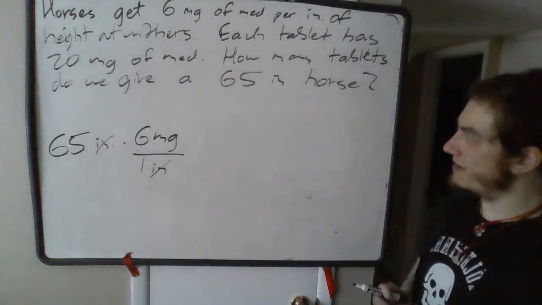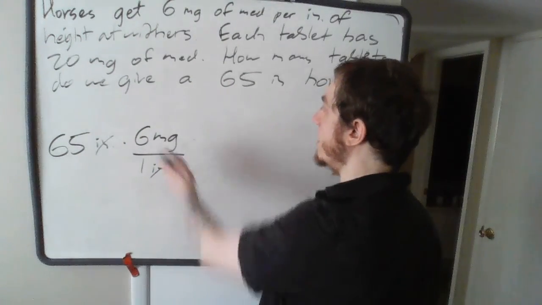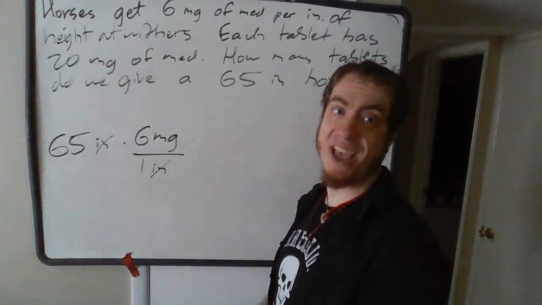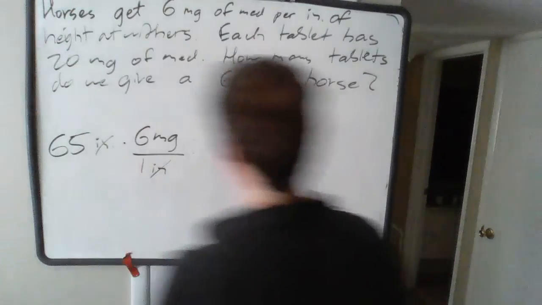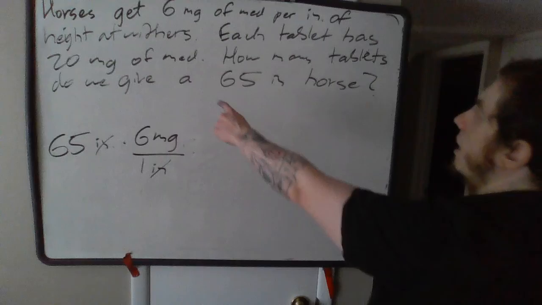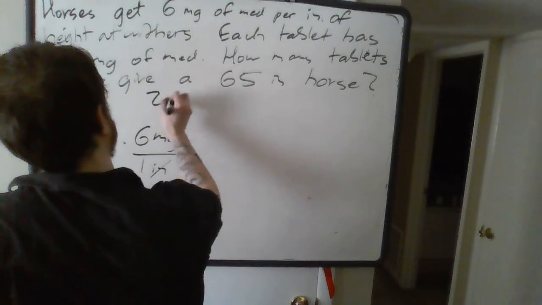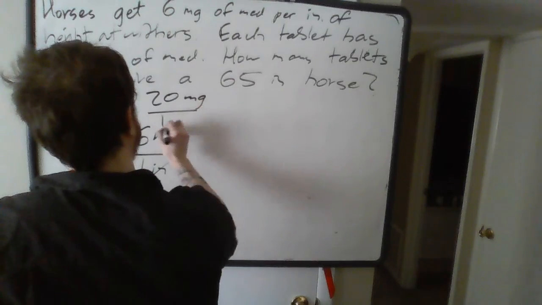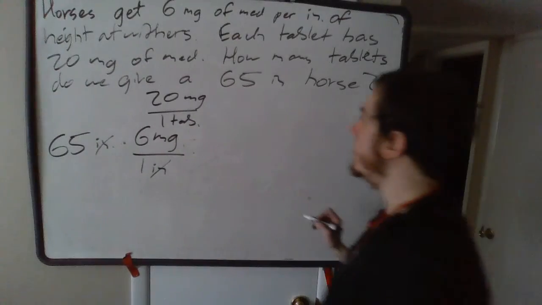Okay, now the problem is I can't just give the horse a certain number of milligrams. I have to compute a number of tablets that this horse is going to get. How do I do that? Well, there's 20 milligrams per 1 tablet. I'm just going to abbreviate tablet as tab.